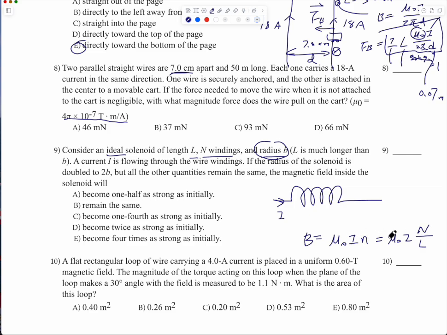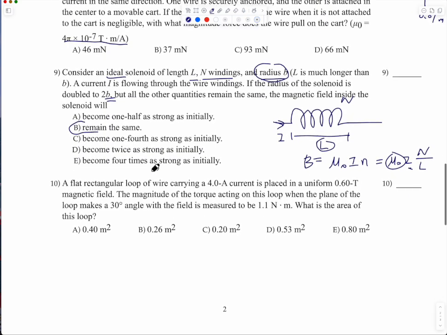If you double the radius, this equation has no radius in it. It only depends on length and the total number of turns. The number of turns is the same, the length is the same, and the current is the same, so the field remains the same. It has nothing to do with the radius.